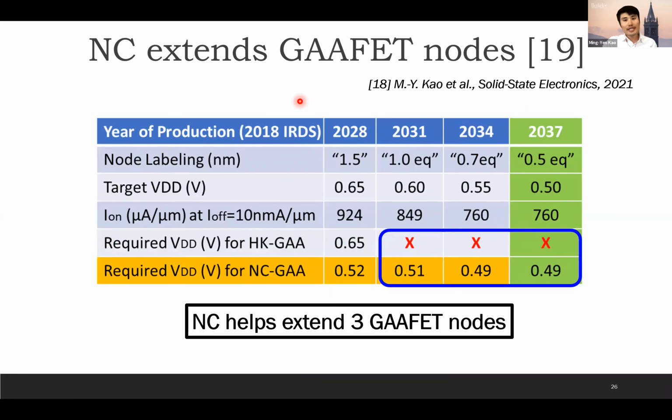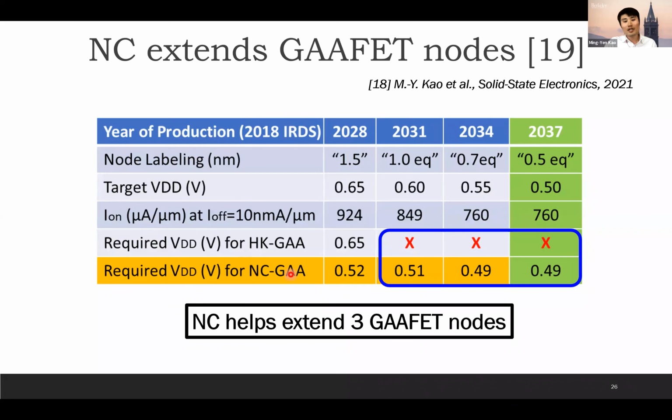For the GAA results, it's similar to the previous table, but right now the first row is the year of production, the second is the node, and the baseline is calibrated to the 1.5 nanometer node, right? The second-to-last row is the baseline, and we have to hit this ion target to say that we can meet the requirement of that technology node.